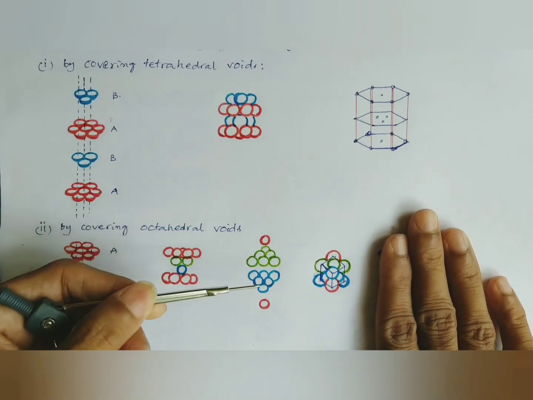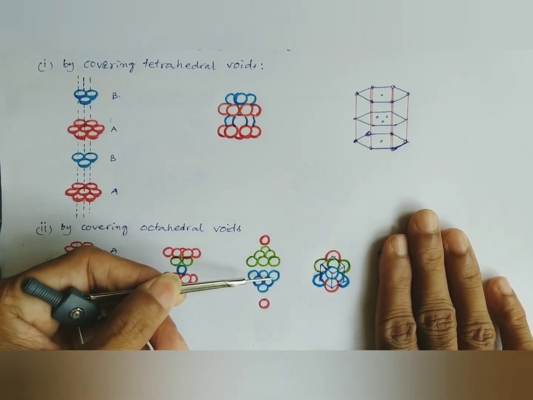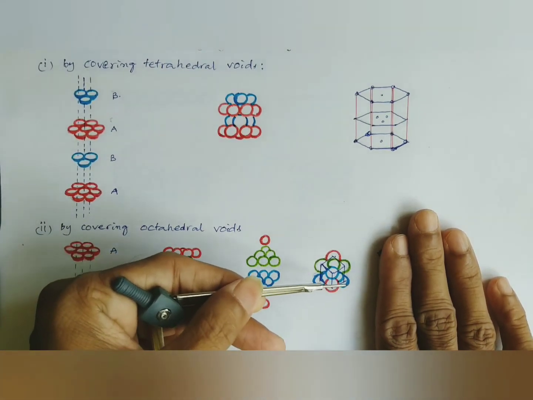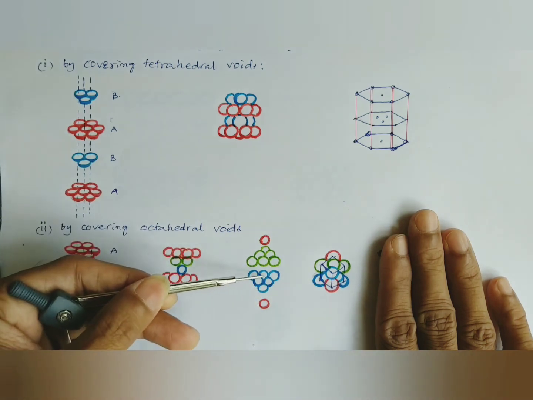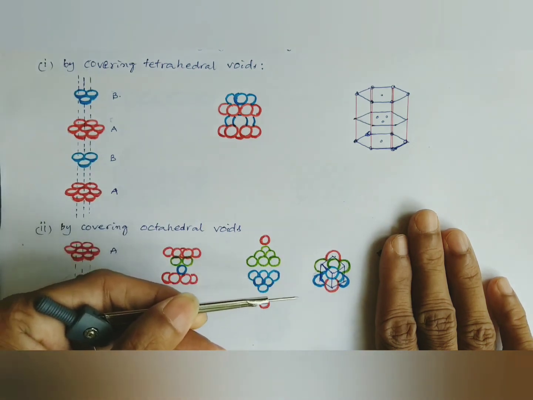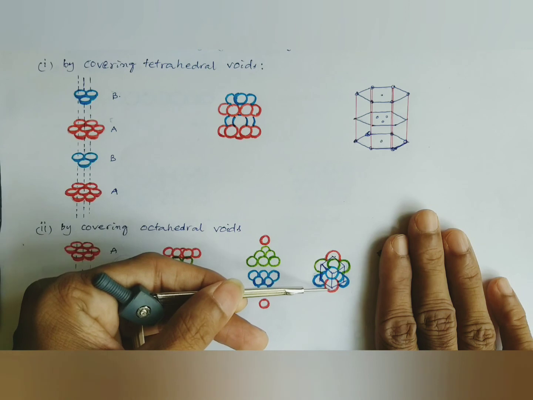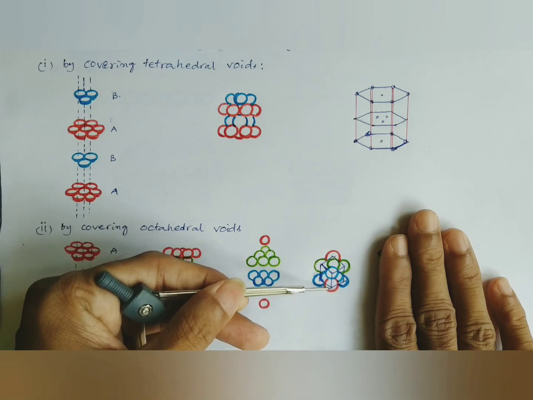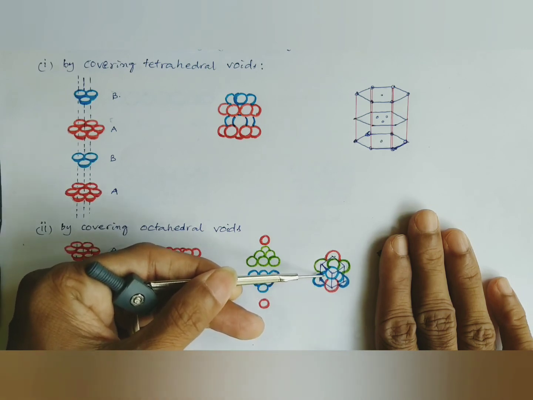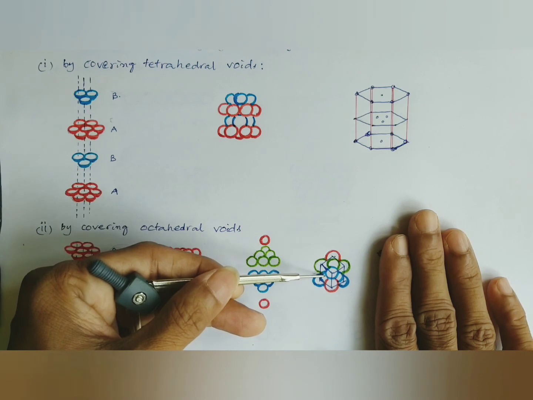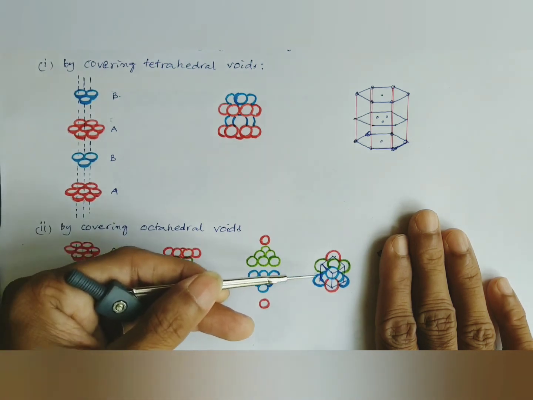Now these two atoms are present in the corners like this, whereas this atom is present in the rear corner. This is visible here, this corner is visible, and to the rear side of this there is another corner, and this atom is present in that corner.